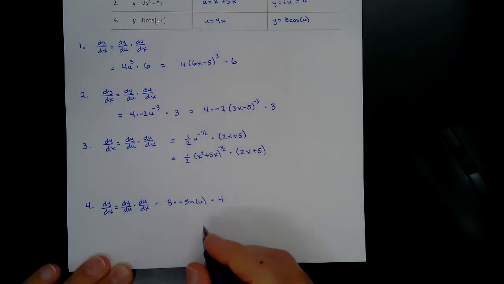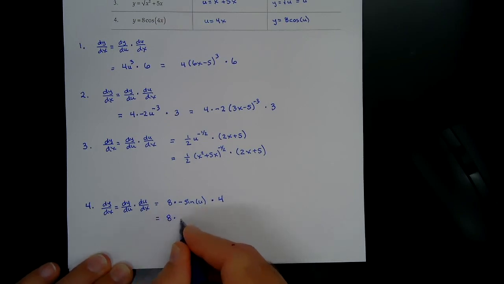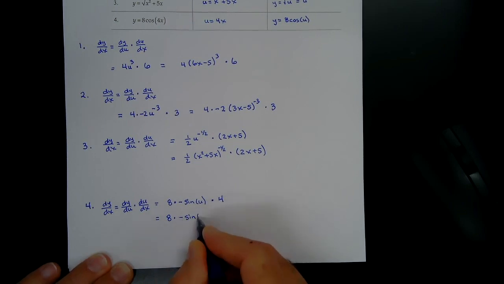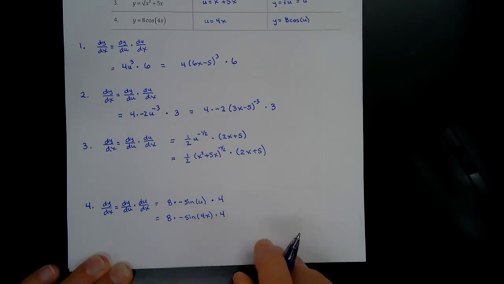And then we're going to replace the u, and that becomes 8 times negative sine of u, which happens to be 4x, times 4.